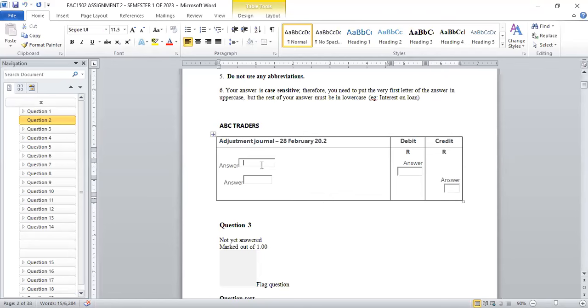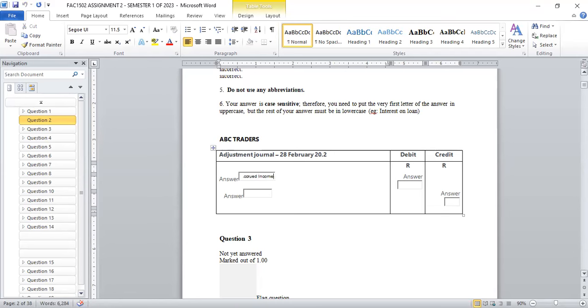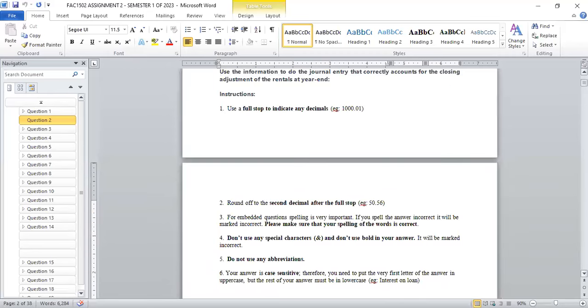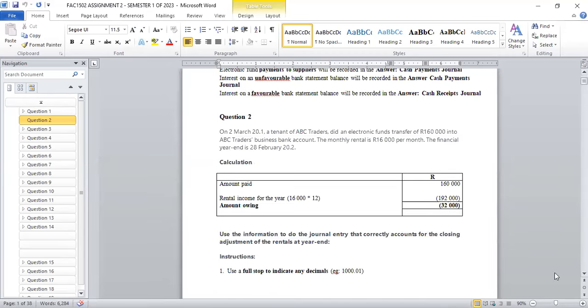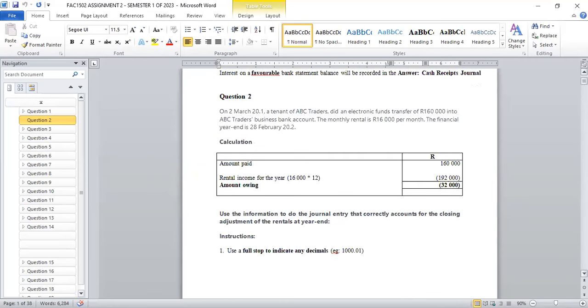Now the adjustment that is done when we do that, we debit our accrued income. So we have to verify if we are paying, or is the tenant paying us? So that's income.